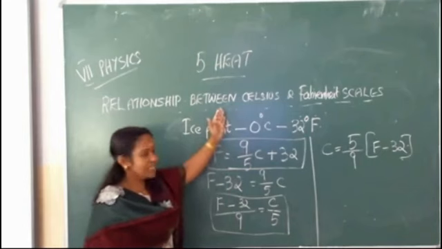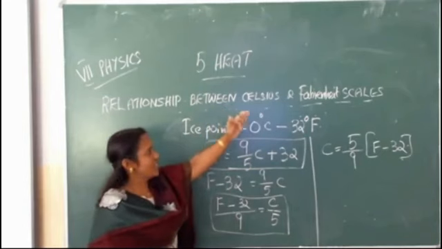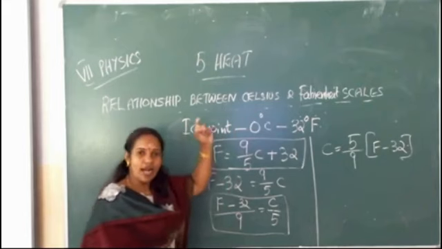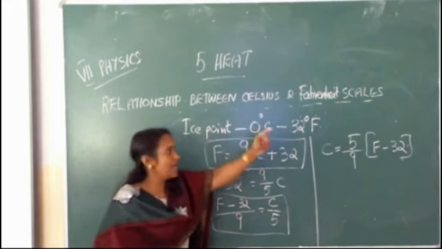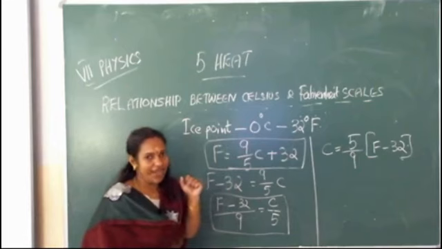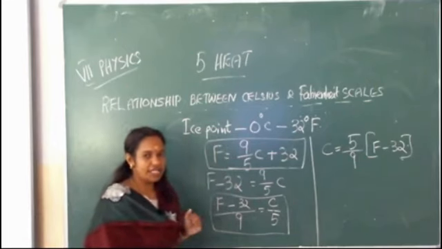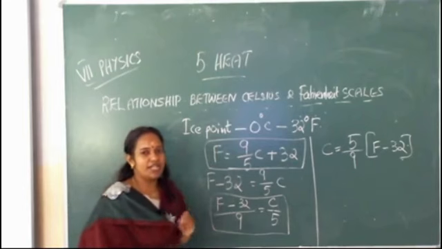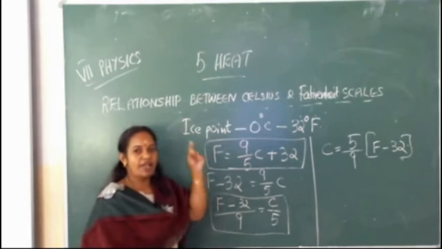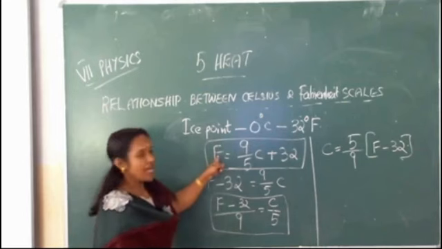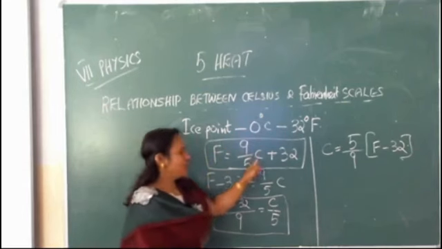So from where we started, the relation between Celsius and Fahrenheit scales, we know that there are 100 divisions in Celsius scale and 180 divisions in Fahrenheit scale. So 100 divisions corresponds to 180 divisions. That means each division in Celsius scale means 9 by 5 divisions in Fahrenheit scale. So we can write F is equal to 9 by 5C.